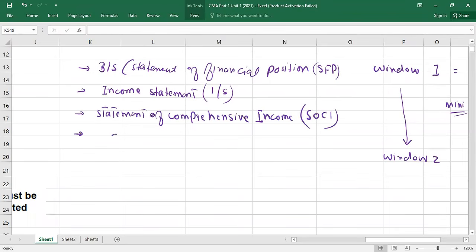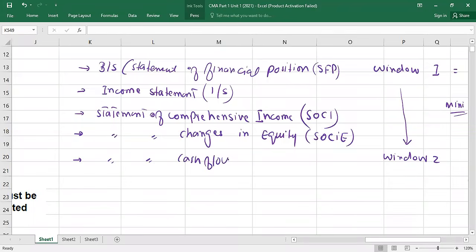Then we have a statement of changes in equity, SOCIE. Then we have a statement of cash flows. And last we have our disclosures, which are called notes.